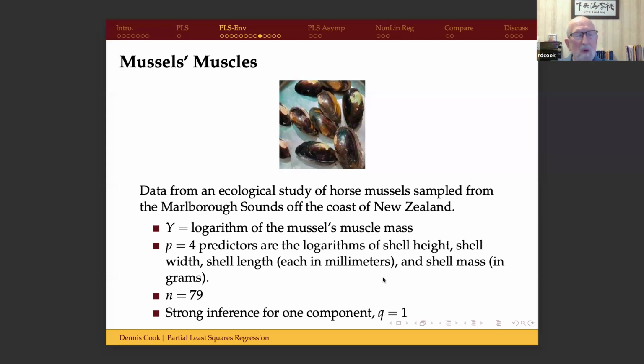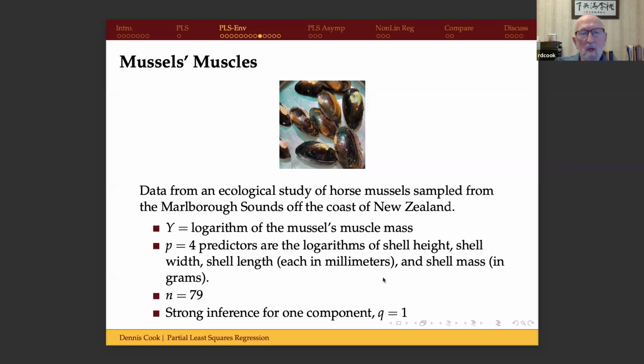Now, another data set. This data set is muscles. It's a nice small data set. It's something that you might use in a first course in regression, and that's why I'm using it here, to reinforce the point that partial least squares can be used in lots of different contexts.